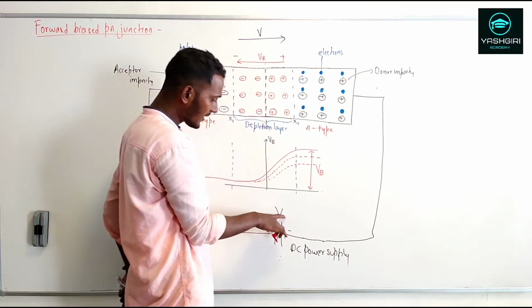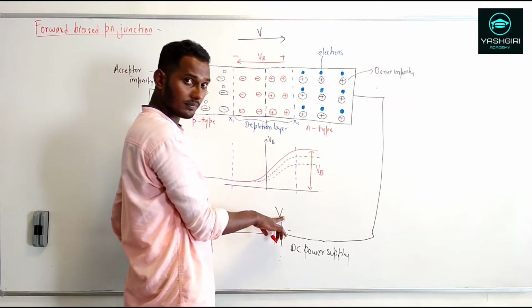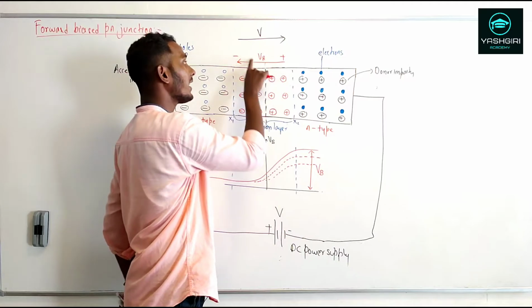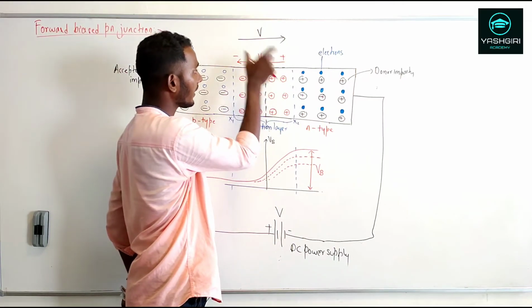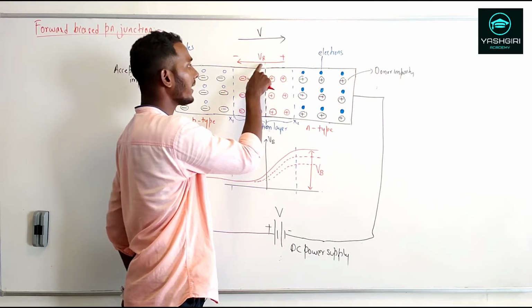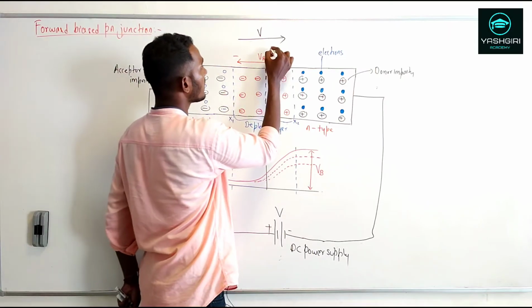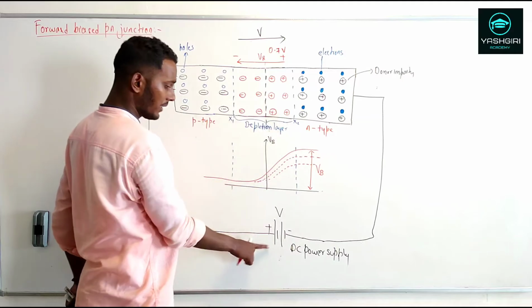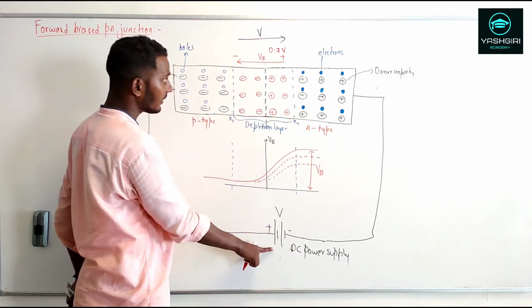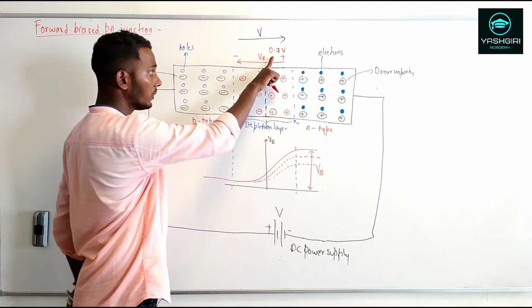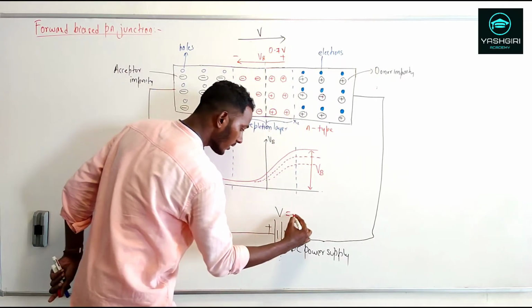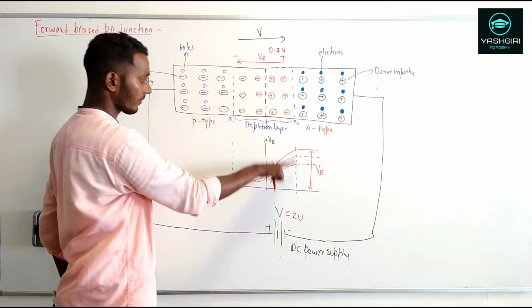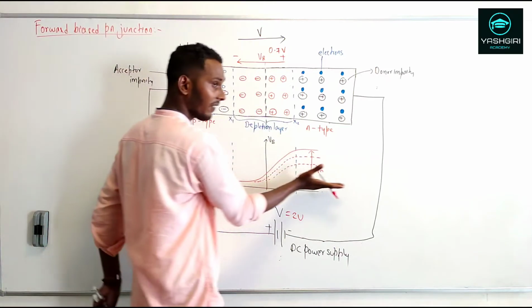Now as you increase the potential such that it overcomes the entire barrier height, say for silicon the barrier height is 0.7 volt, if you give an external potential greater than 0.7 volt, suppose V is equal to 2 volts, the barrier height will be completely flattened.